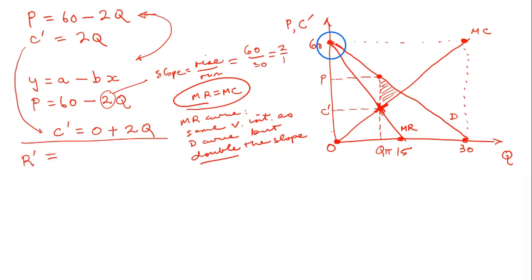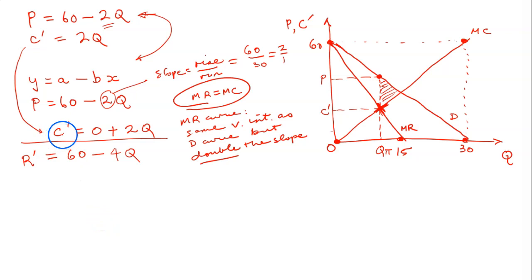It's a linear equation, so it has the vertical intercept that starts at 60, and it's downward sloping, so it's a negative slope. And what is that slope? It's double the slope of the average revenue curve. The slope of the average revenue curve was 2, so double that is 4. There's our equation for the marginal revenue curve.